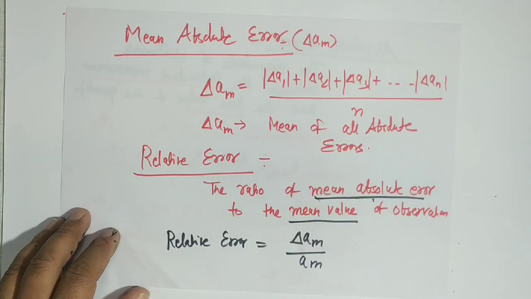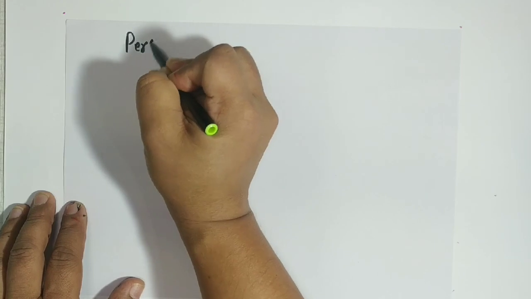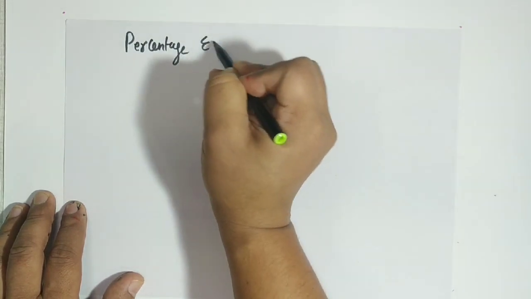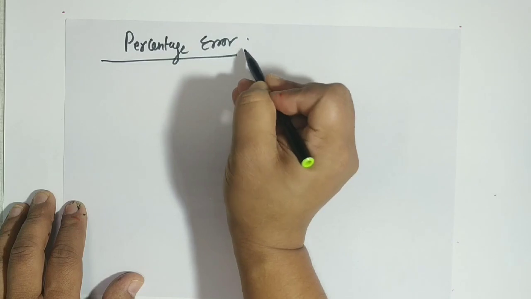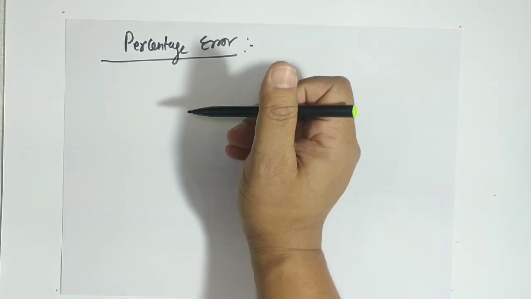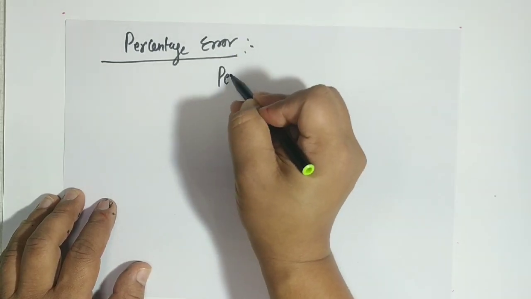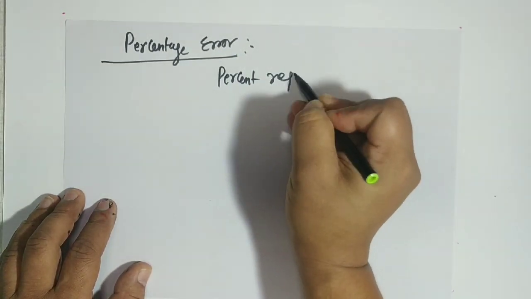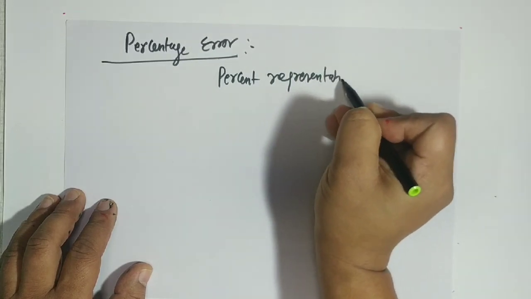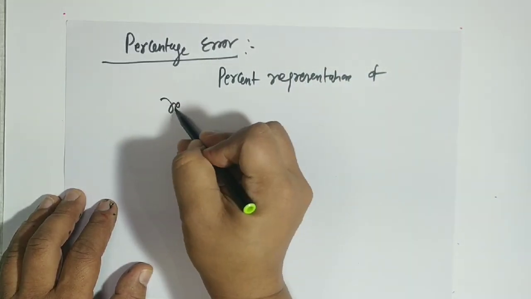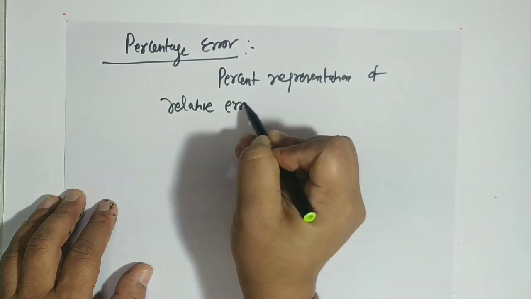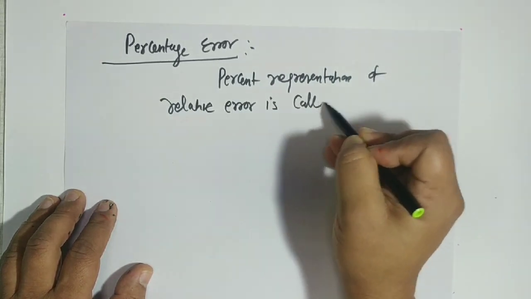Then there is another very important error, the percentage error. Generally you will get numericals on percentage error, based on how much is the percentage error in Ohm's law, or how much it is in the focal length of the lens. That is the percent representation of relative error, and it is called percentage error.